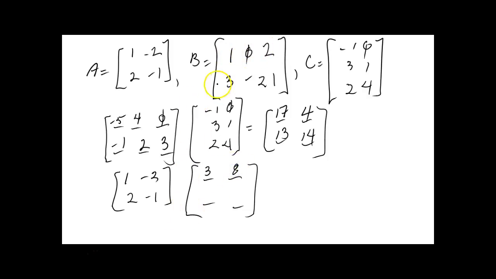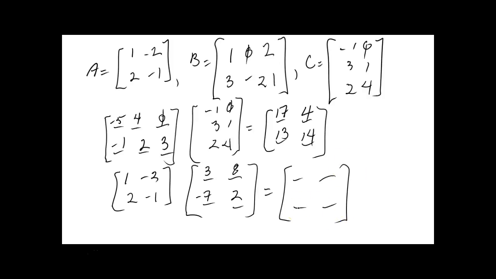And then the 2, 1 position, second row by first column, is a negative 3, minus 6 is minus 9, plus 2 is minus 7. Okay? And then the 2, 2 entry, second row by second column, 0, minus 2, plus 4 would be a 2. Okay, multiply these two together and you get a 2 by 2.